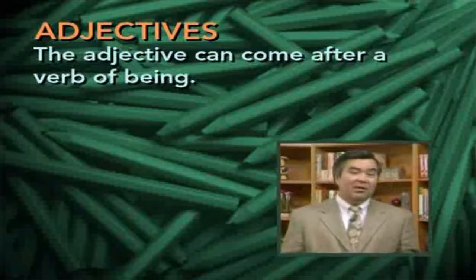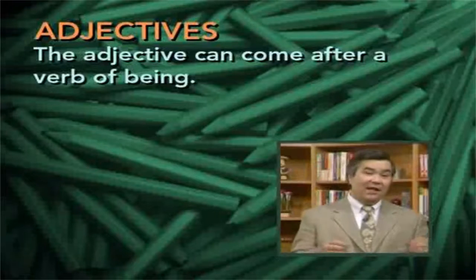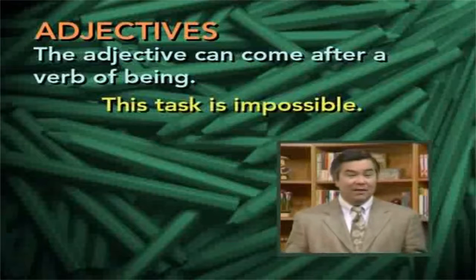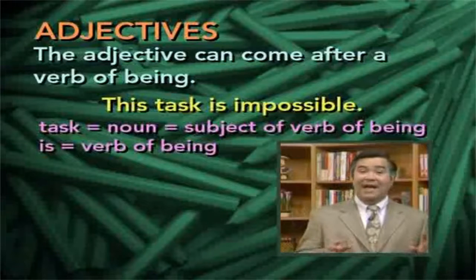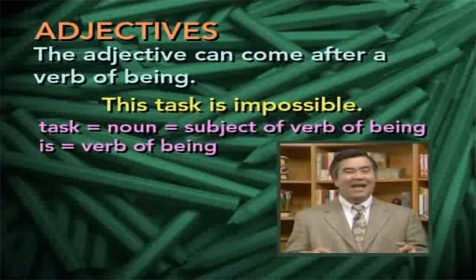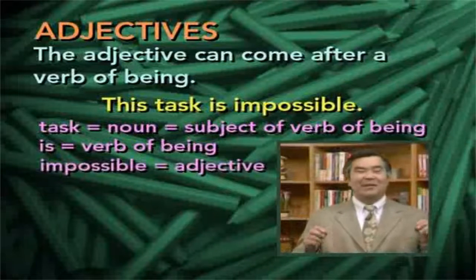So, for example, rather than referring to that impossible task in a phrase like that, I could say, this task is impossible. Now, the noun task is the subject of the verb of being, is. And what comes after the verb of being is the adjective impossible.